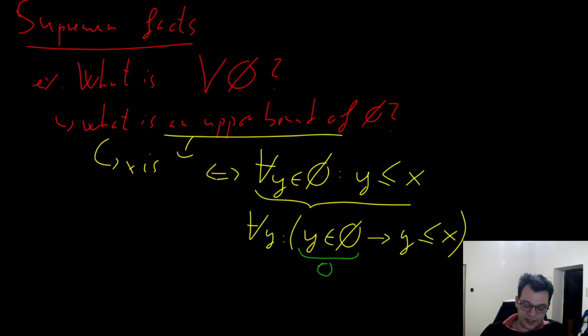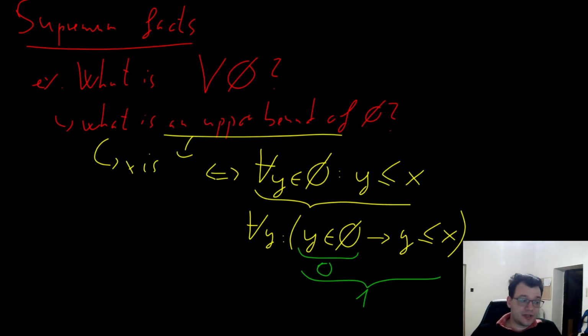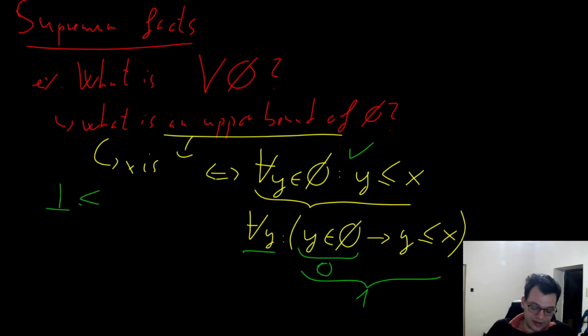And because the left-hand side of the implication is false, the implication itself is true, so it's 1. Which means that for any possible y we have a true statement, which means that this holds for any possible x. So I can write this like this: any element of the poset is an upper bound of the empty set.